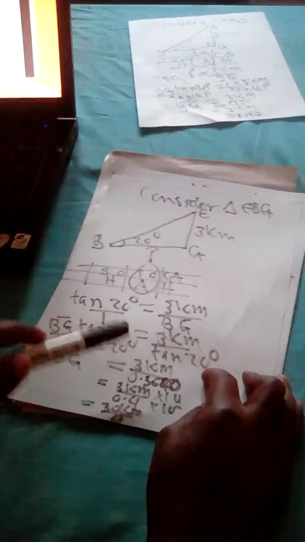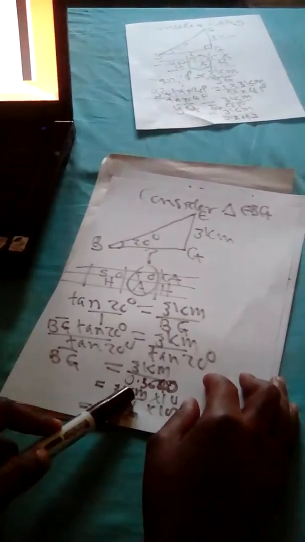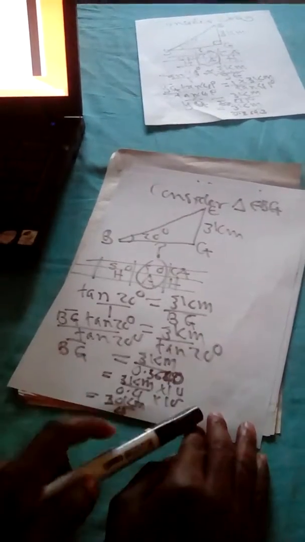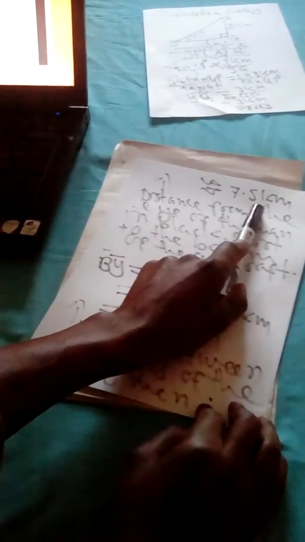In fact, the tangent of 20 from the tables of trigonometry is approximately 0.3640. Now, because it is a difficult number to divide, you may approximate 0.3640 correct to one decimal place. You obtain 0.4. And when you remove the decimal point by multiplying by 10, you'll have 30 kilometers divided by 4. Now, if you take 30 kilometers divided by 4, you'll get approximately 7.5 kilometers.